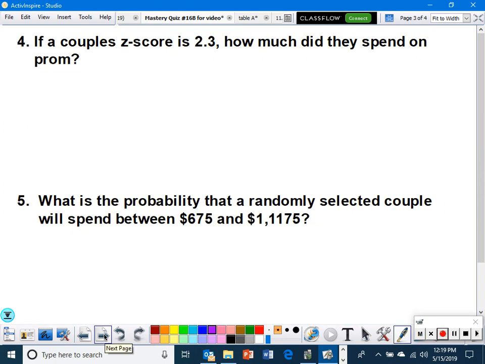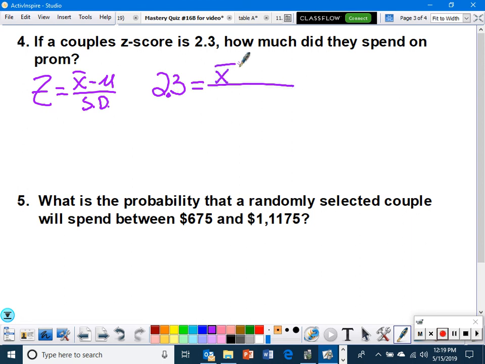If a couple's z-score is 2.3, how much did they spend on prom? Okay, this one we're going to have to go backwards. So I'm given the z-score. I want to find x. My mean is 900 and the standard deviation is 200. So what we're going to do is multiply the 2.3 and the 200, and then add the 900.